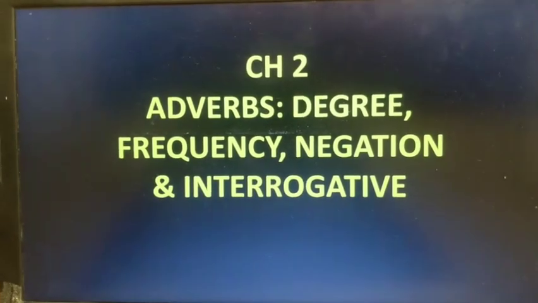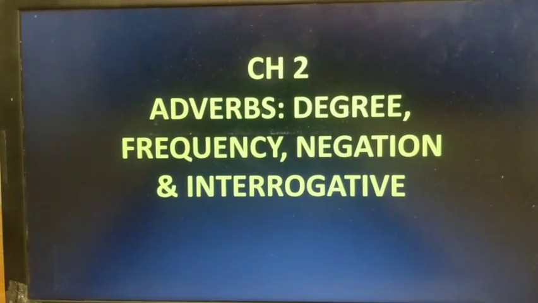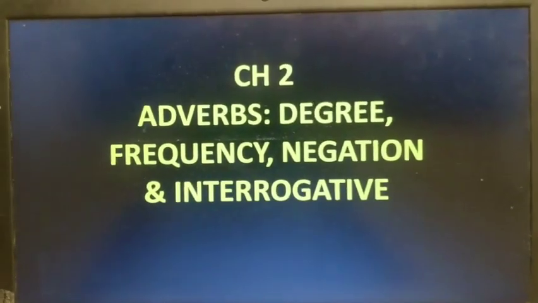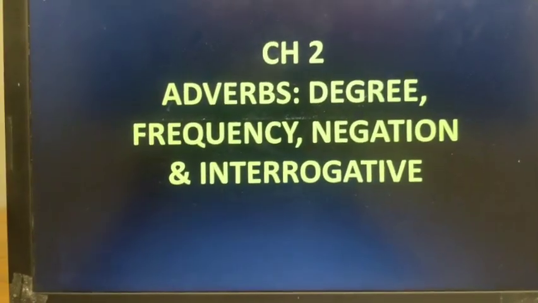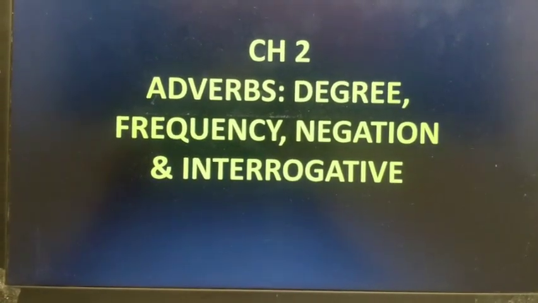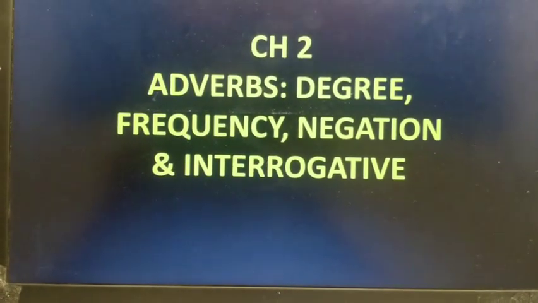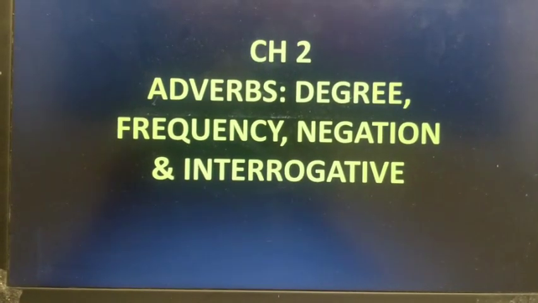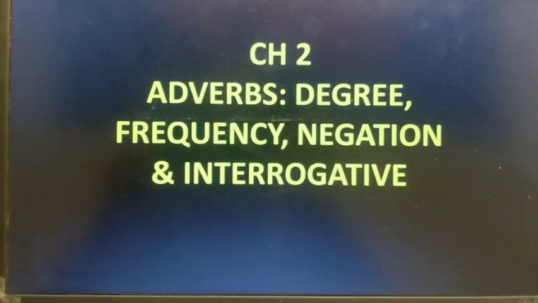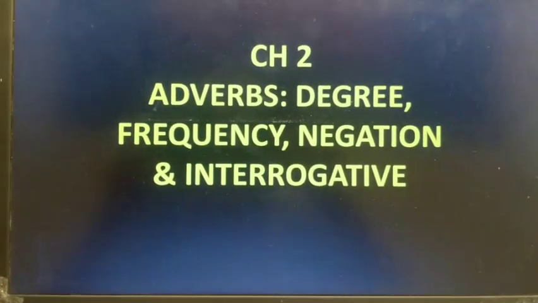Chapter 2, Adverbs: Degree, Frequency, Negation and Interrogative. So children, today we are going to study these 4 types of adverbs. What do you understand by degree? By degree we mean to what extent, to what degree.